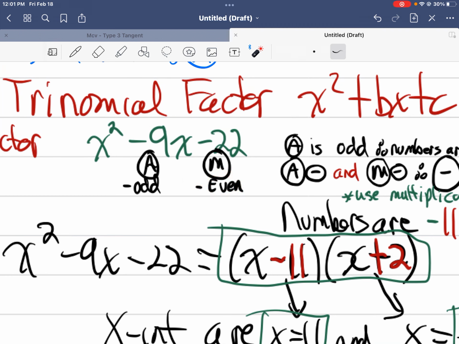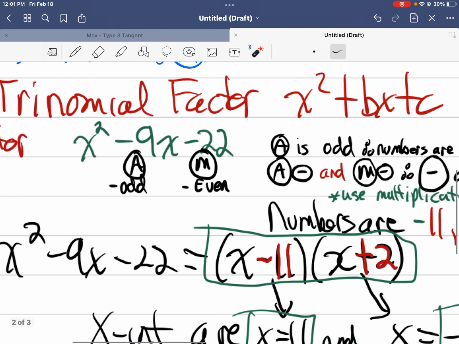So let's think about this. What about the negative in the middle? What does that mean? It means that I have either two negatives or one negative and one positive. What does the negative at the end mean? Oh, I have a negative multiplied by a positive.